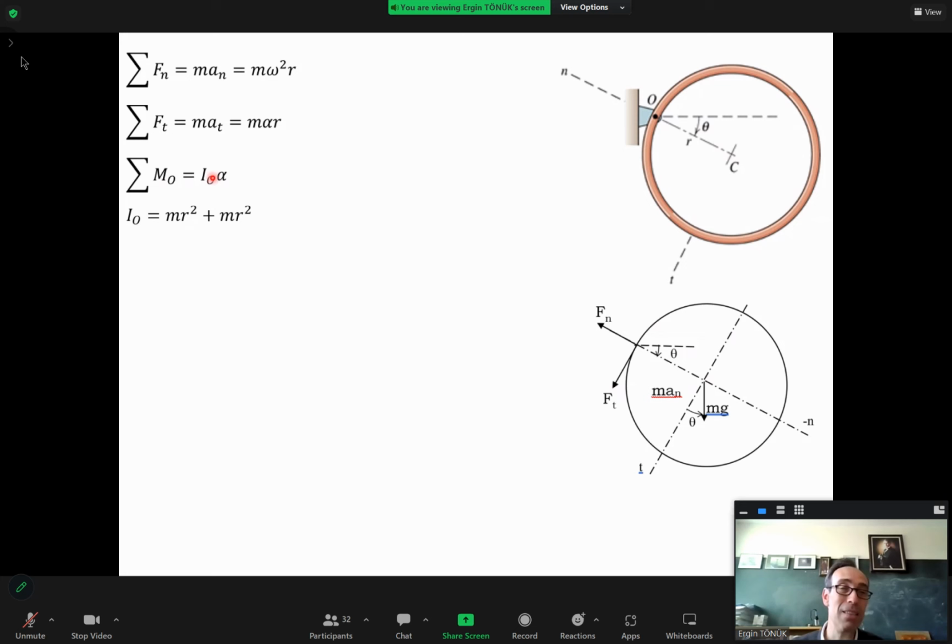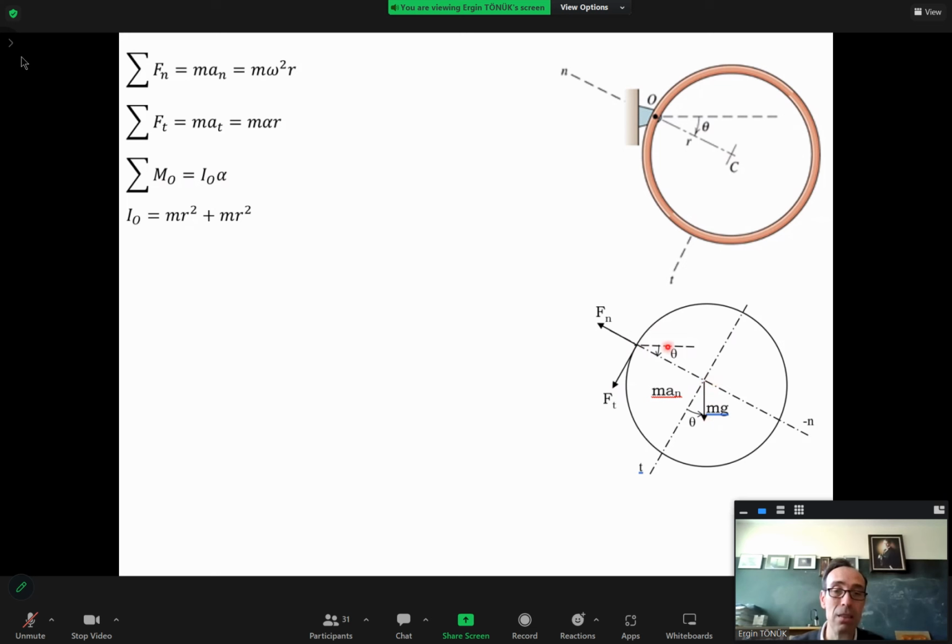And what is interesting about this expression is these two unknown forces do not have a moment about O. Am I right? So I eliminate the two unknowns which are asked in the problem. But actually, this expression supplies me important information. So what I have is, this is the only force which has a moment about point O. And if I assume counterclockwise rotation positive, the moment of this force is negative, okay?